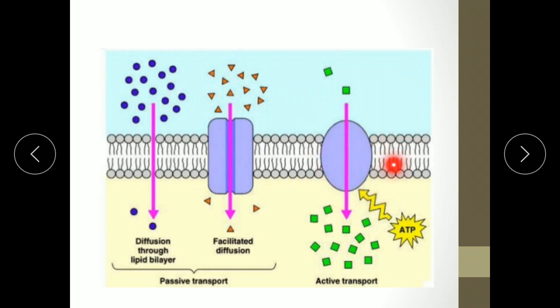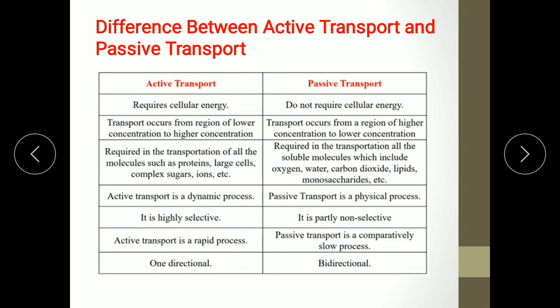It is a rapid process and one directional, means only a single direction process, not bidirectional as in passive diffusion. Now this is the difference between active transport and passive transport, whatever I already told while explaining active and passive transport. It is given in chart form.